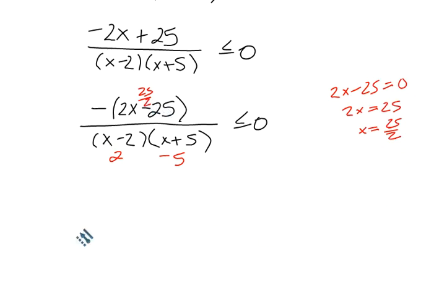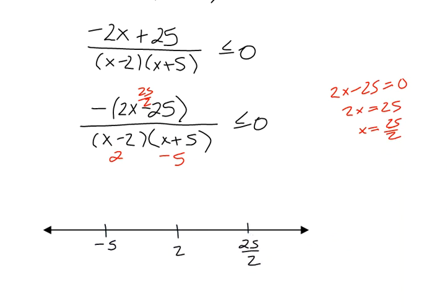We will place each of those three key numbers on a number line in order from least to greatest. So we'll have a negative 5, a positive 2, and a positive 25 halves. Now notice our inequality has to be less than or equal to 0. It is allowed to equal 0.